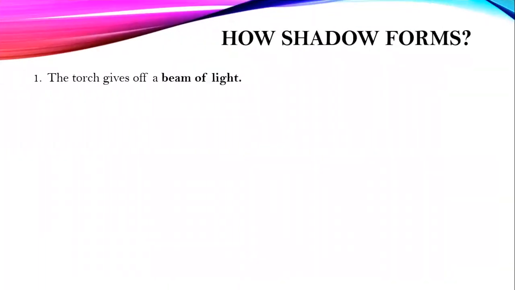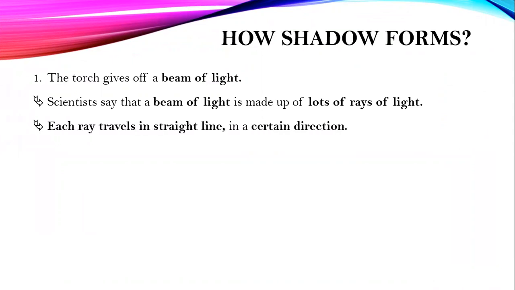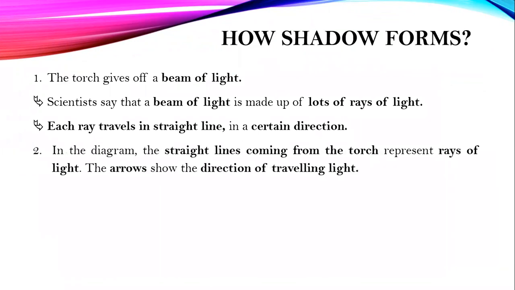One more time. The torch gives off a beam of light. And as the scientists say, a beam of light is made up of lots of rays of light. Each ray travels in a straight line in a certain direction. In the previous diagram, the straight lines were coming from the torch.